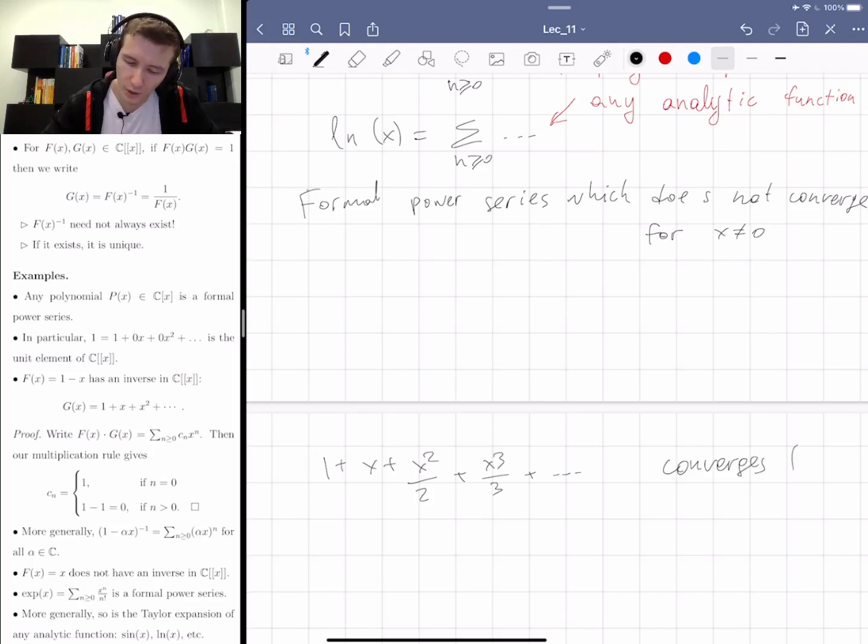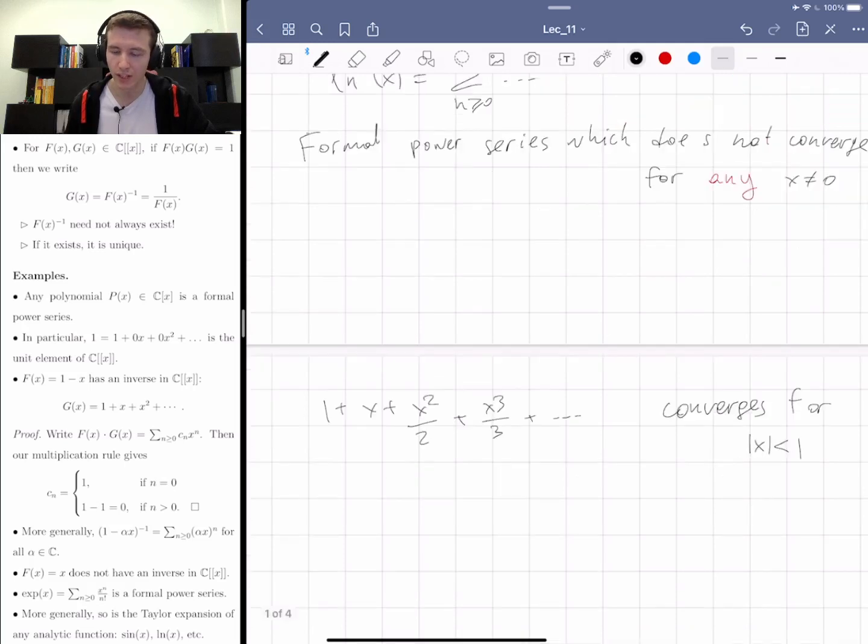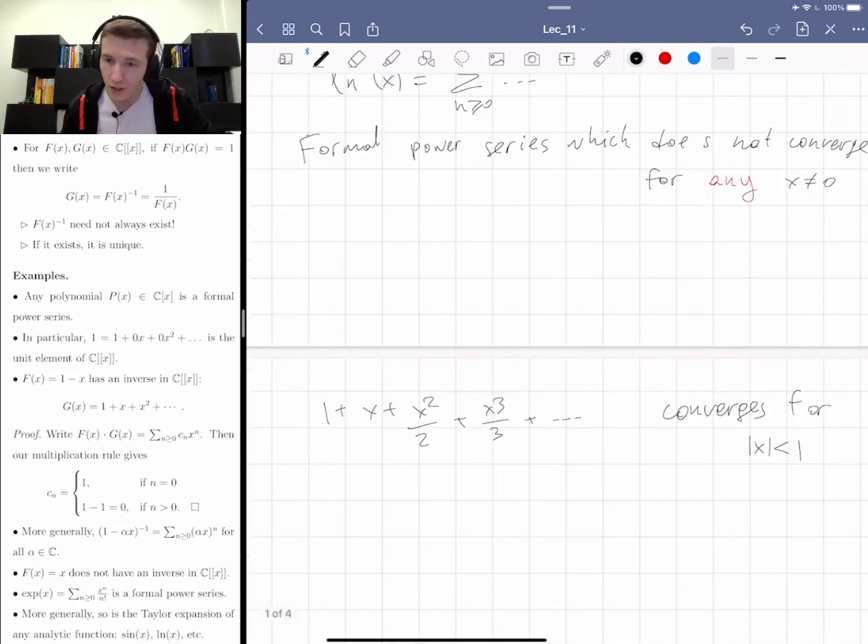Okay, so I want an example that does not converge for any non-zero x. This one converges for maybe the absolute value of x less than 1. And the other one, 1 plus x plus 2x squared plus 3x cubed.